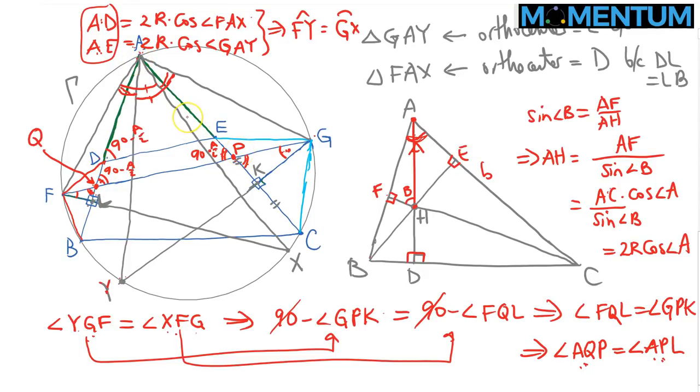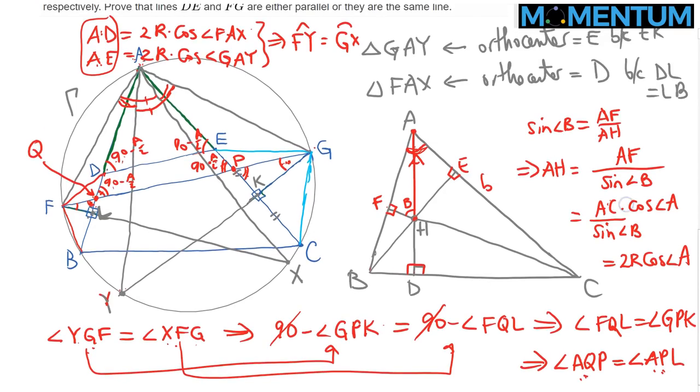AD is equal to AE, this is isosceles as well, suggesting that DE is parallel to LP. LP is the same thing as FG. Alternatively, you can just calculate these angles. Like I said, these are just 90 minus A over 2, and boom, again we have corresponding angles, suggesting that DE is parallel to FG, and we are done with this second solution as well.